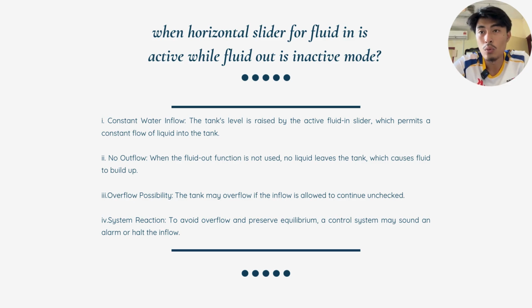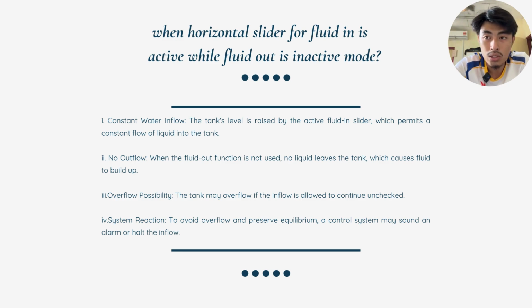Okay, next slide is when the horizontal slider for fluid in is active while fluid out is inactive. Number 1, constant water inflow. The tank level is raised by the active fluid in slider, which permits a constant flow of liquid into the tank. Number 2 is no outflow. When the fluid out function is not used, no liquid leaves the tank, which causes fluid to build up.